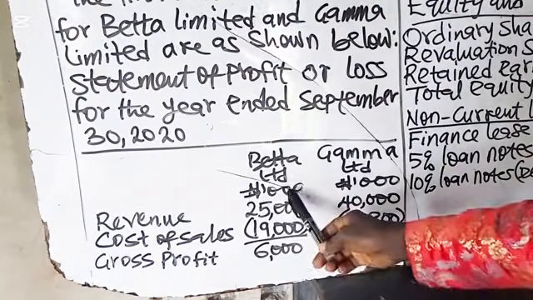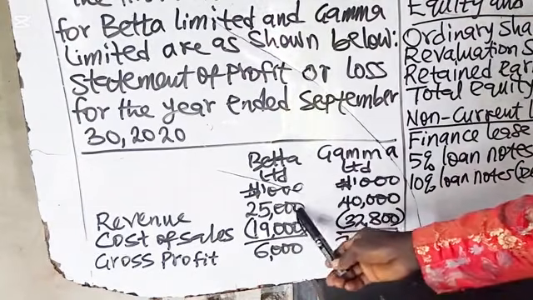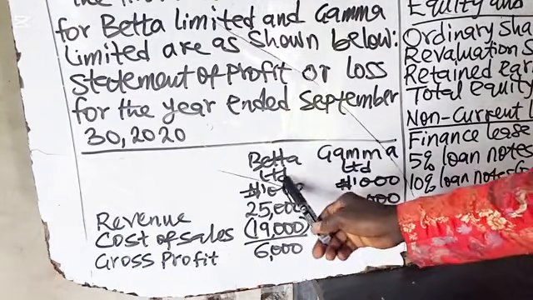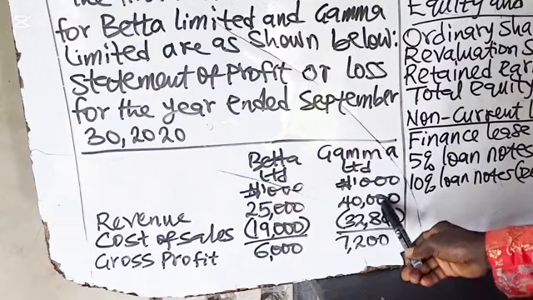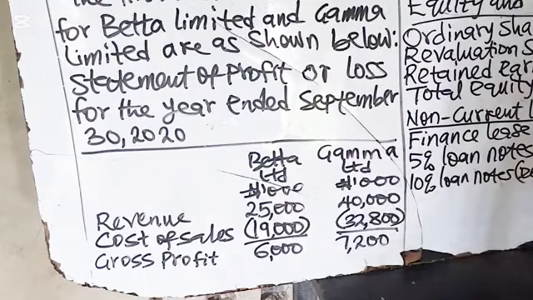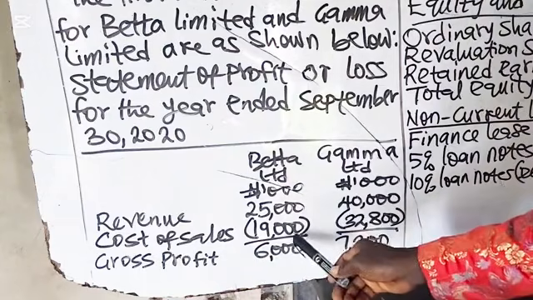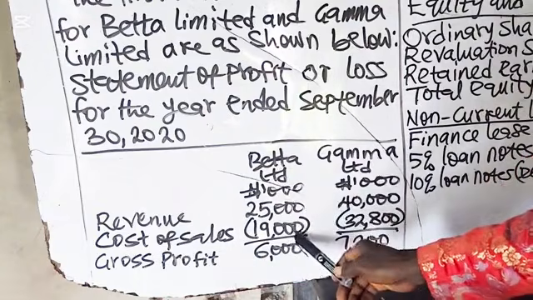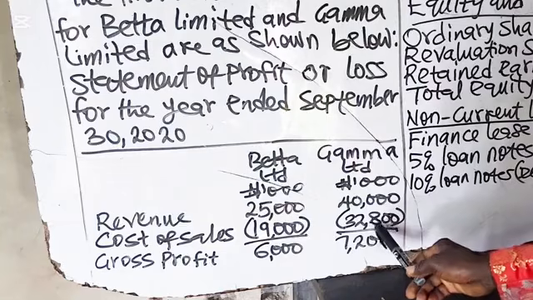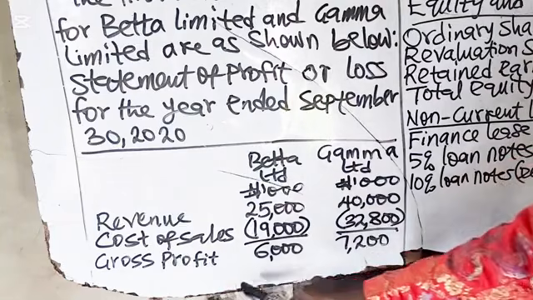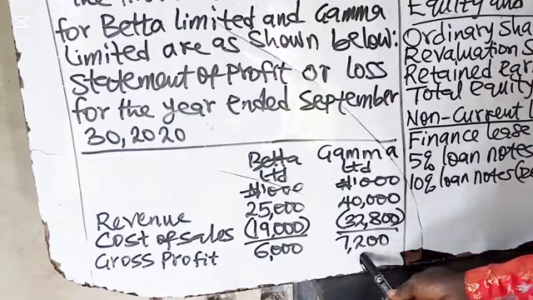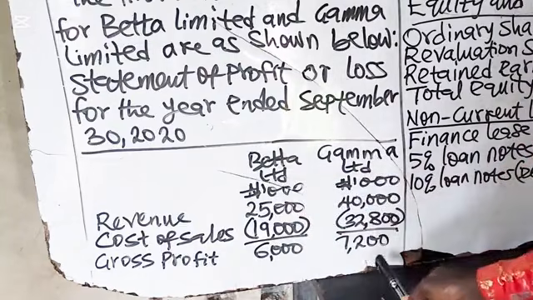Amount is in 1,000 naira. Revenue 25,000, which means 25 million. Revenue for Gamma 40 million. Cost of sales for Beta 19 million, Gamma 32.8 million. We have gross profit of 6 million and 7.2 million for Beta and Gamma respectively.